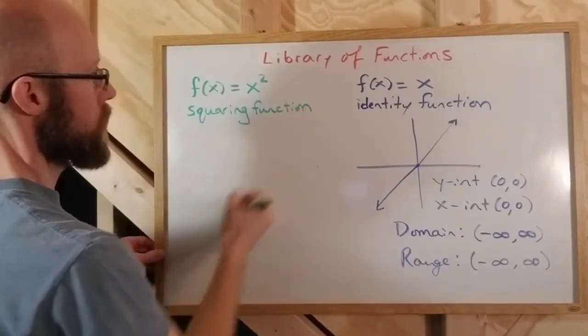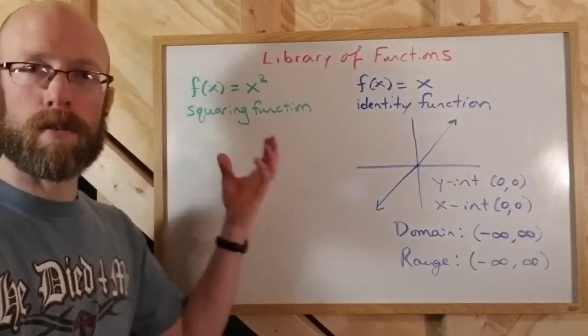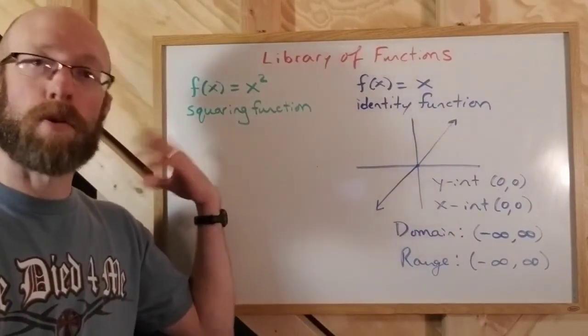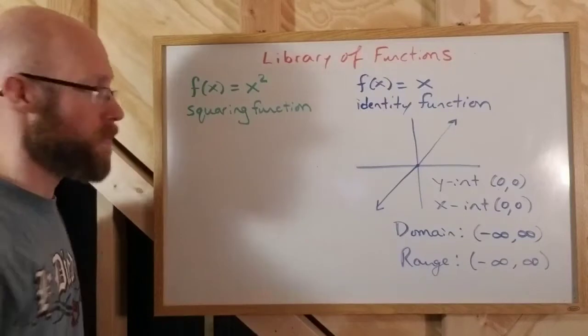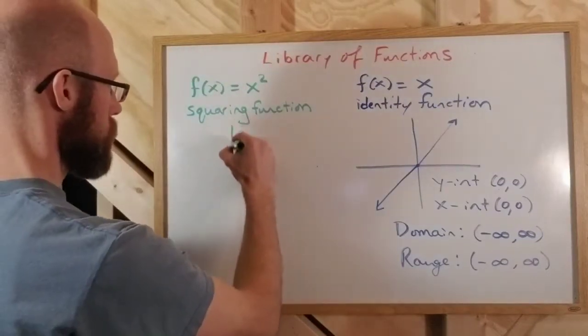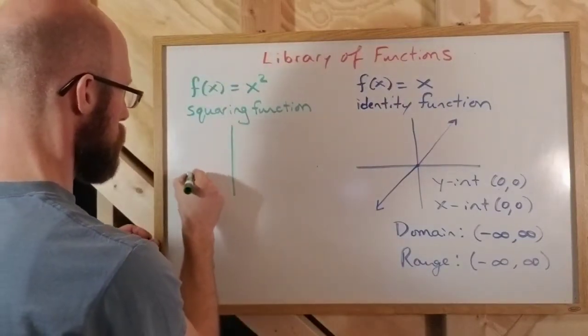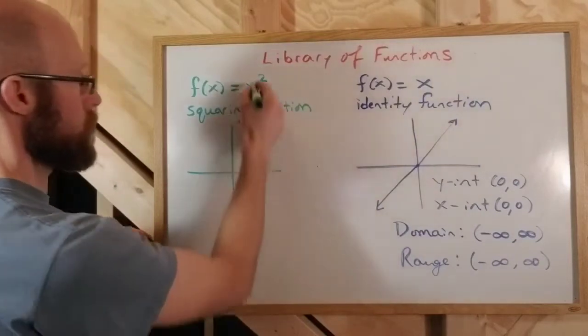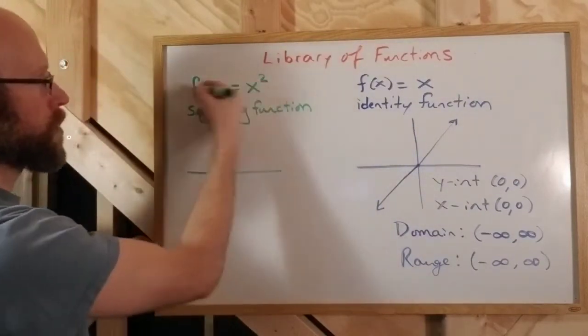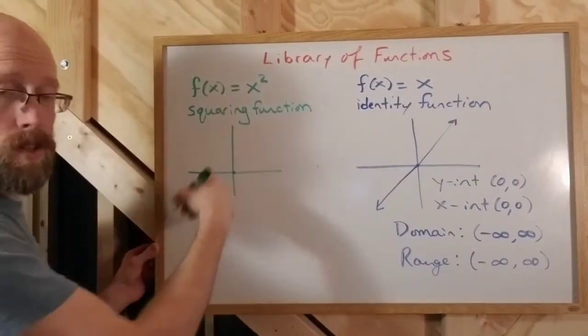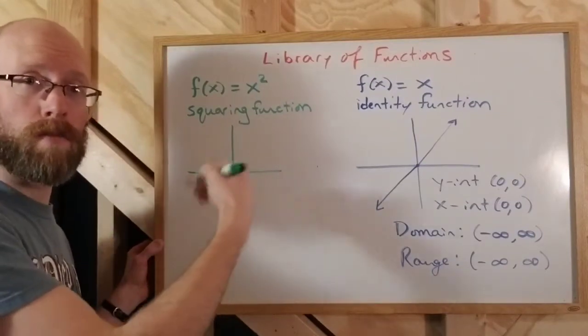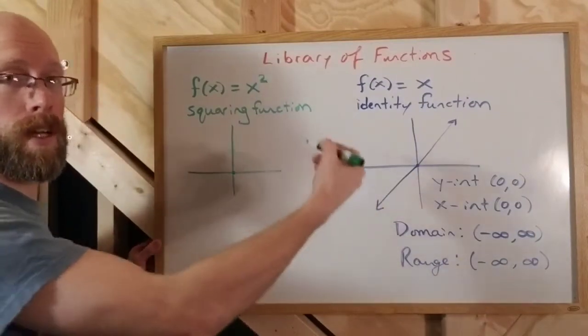And I assume you guys know something about parabolas, at least the general shape of them. In this case, the general shape of this parabola is going to be, well, it's the square of every number. So if I plug in a 0, I get a 0 out. If I plug in a 1, I get a 1. Plug in a 2, I get a 4. Plug in a 3, I get a 9.